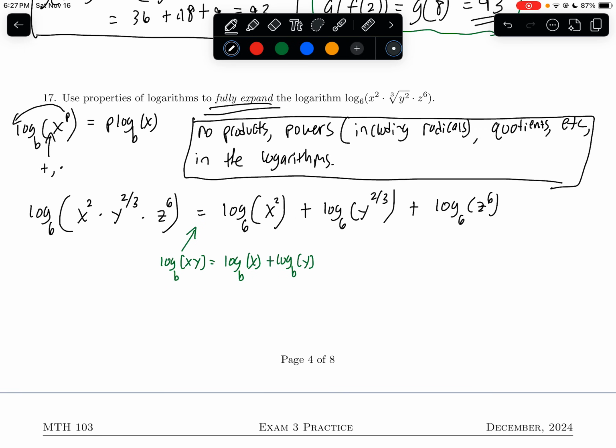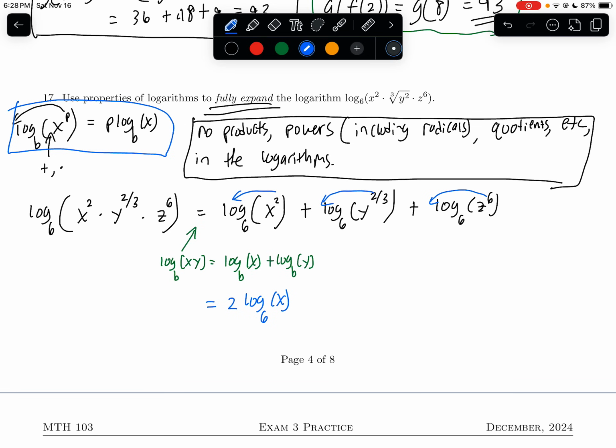Now, what we can do here is then apply this rule. And if I do that, this isn't simplified enough because the terms inside of the logarithms have powers in them, and that's not good enough. So we need 2 times the log of x. All these powers come in front. But I can only apply that because I fully expanded it out.